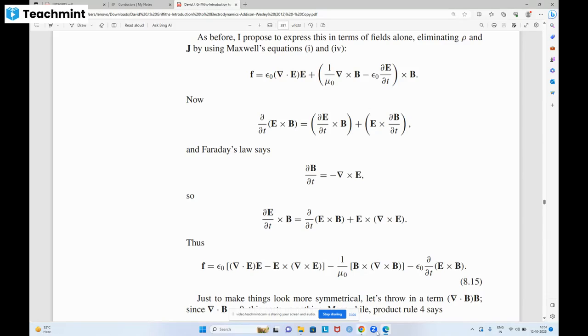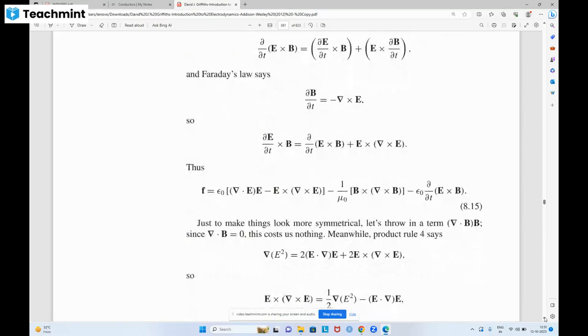And just to make the thing look more symmetrical, let us add in the term (del dot B) B. Since the divergence of B is equal to 0, this costs us nothing.